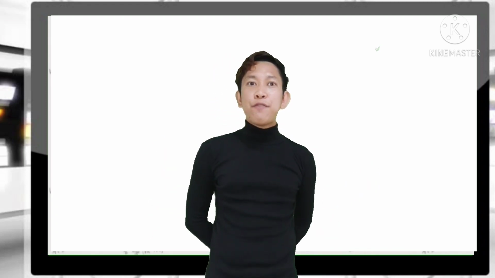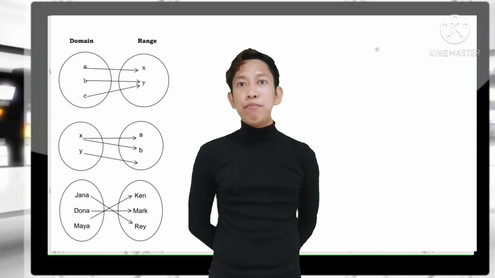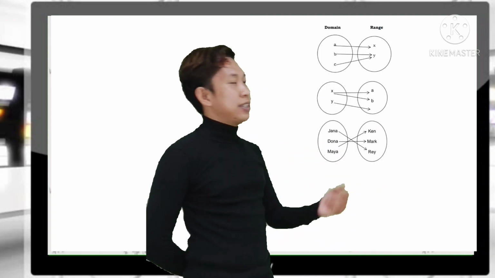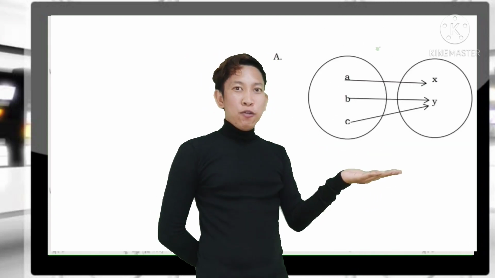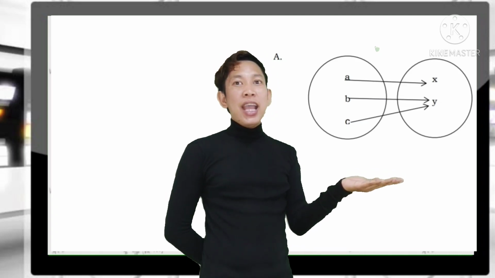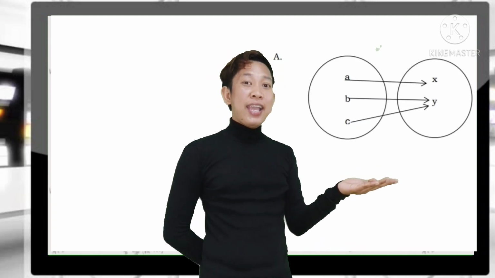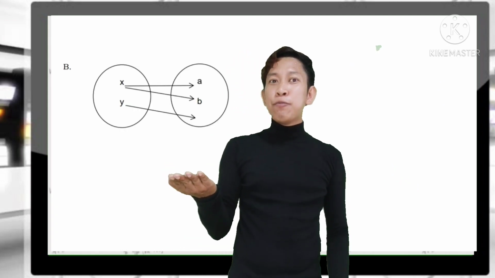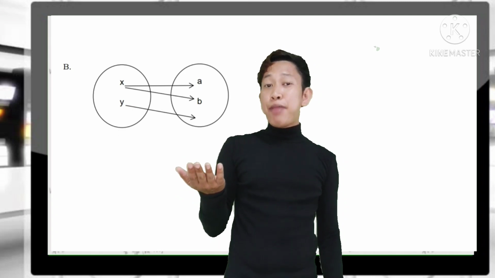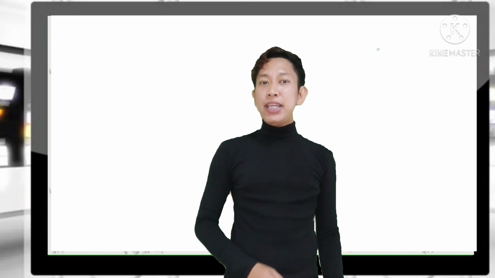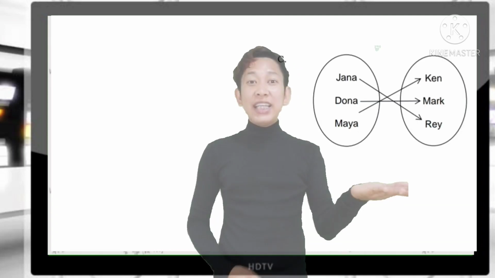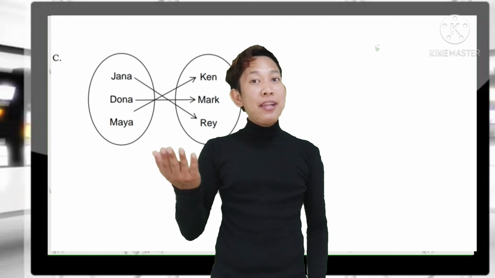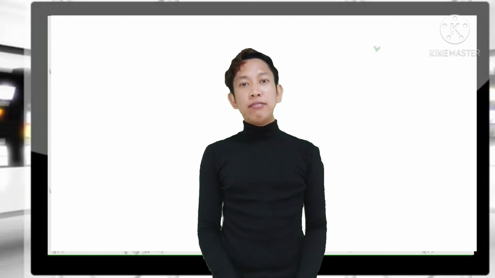We can also identify a function given a diagram. On the following mapping diagrams, which do you think represent functions? For A, the domain is A, B, C, connected to the range X and Y. For B, X and Y are paired to A and B. And lastly, for C, Jana, Donna, and Maya are paired to Ken, Mark, and Ray.